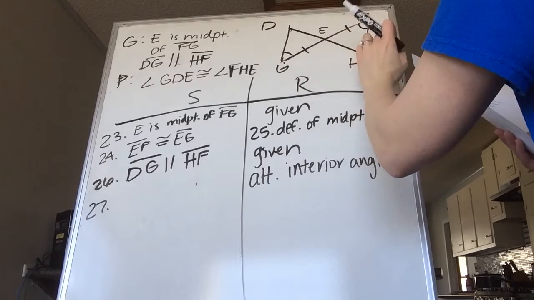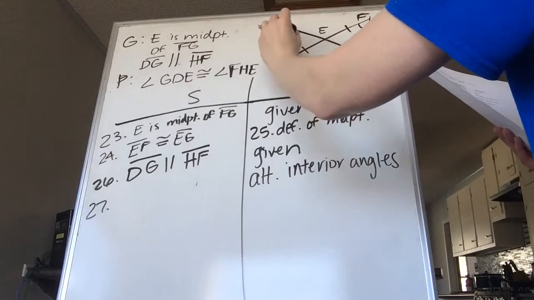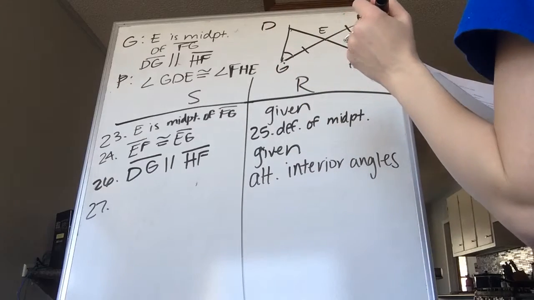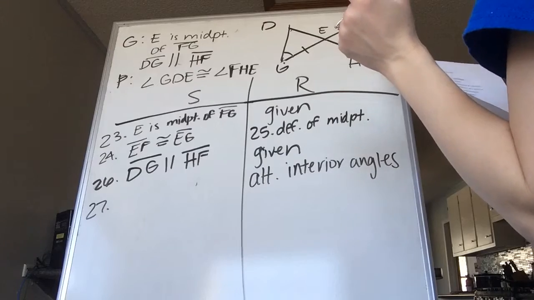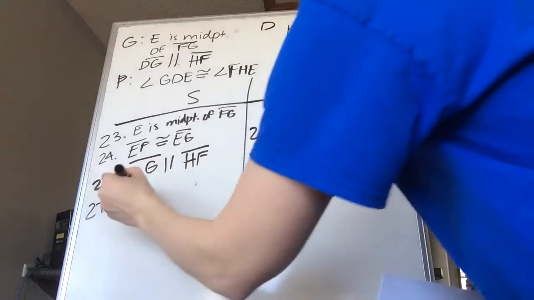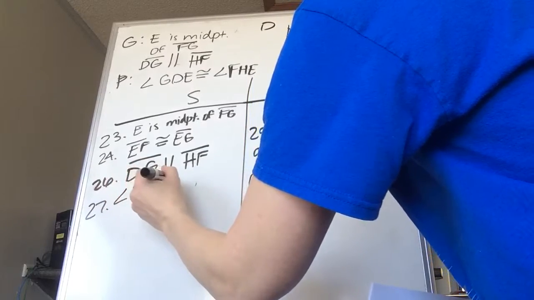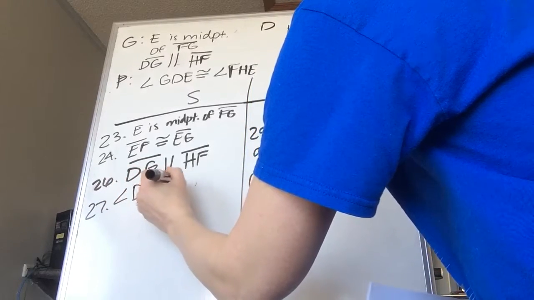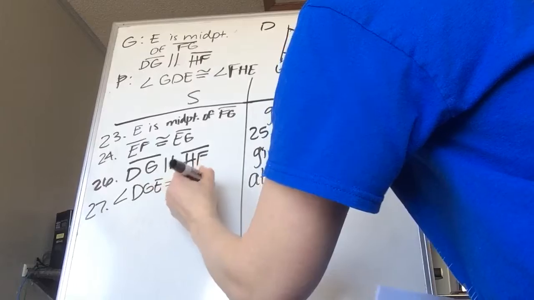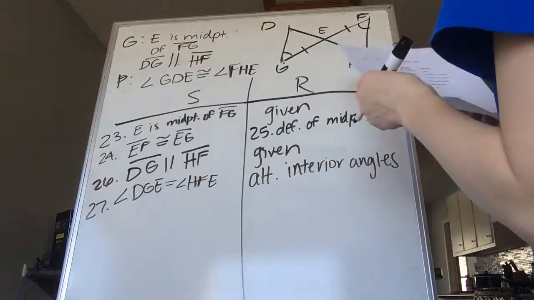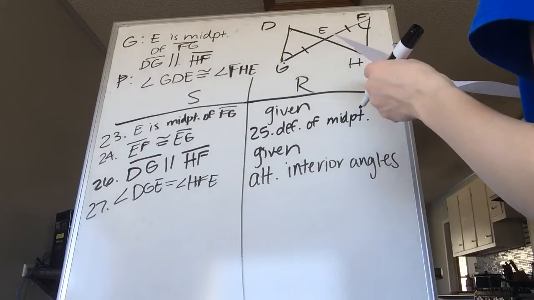So we have two parallel lines cut by a transversal, so we have alternate interior angles that are congruent. So angle DGE and angle HFE are congruent because of alternate interior angles.